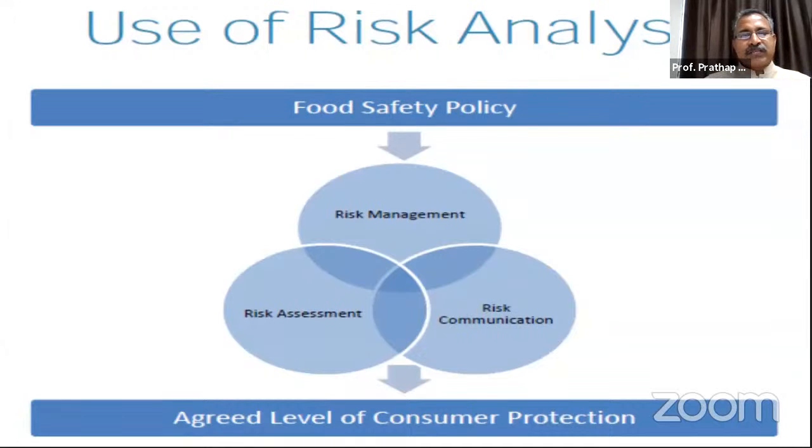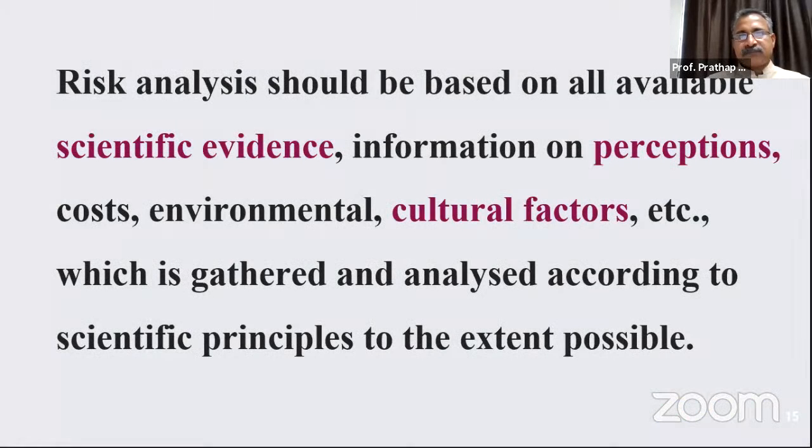That means you are not going to just adopt the guidances given by the Codex. Your country's food safety regulator, based on the input from the scientists, moderates and adjusts according to the requirement of the country.